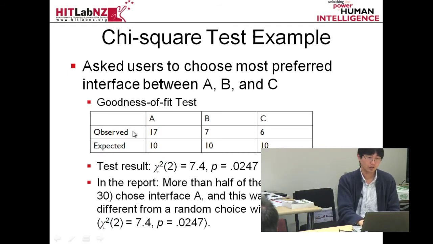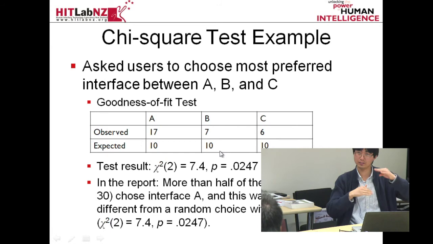And then the observed value was 17 people chose A, 7 people chose B, and 6 chose C. This is what you observed from your sample. And this is what you are expecting, right? If it was random choice. If you ran the chi-square test, it will print out 0.02, which is less than 0.05, which means the two distributions are significantly different. Okay?